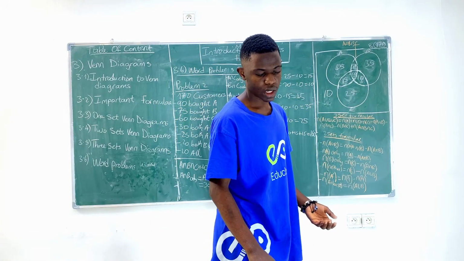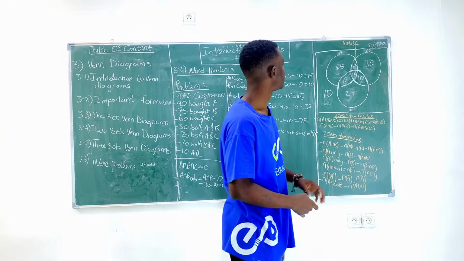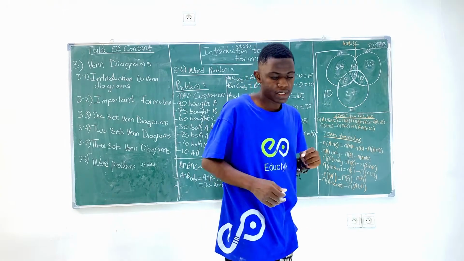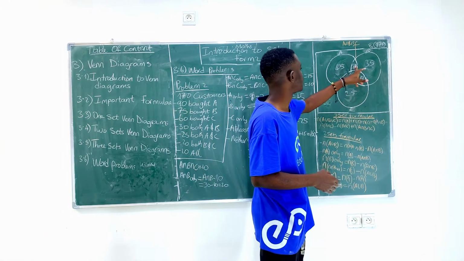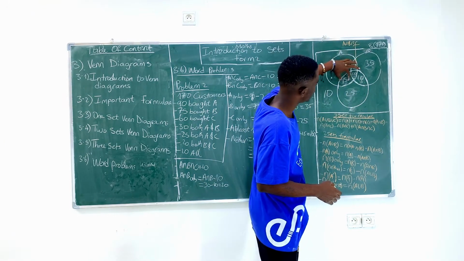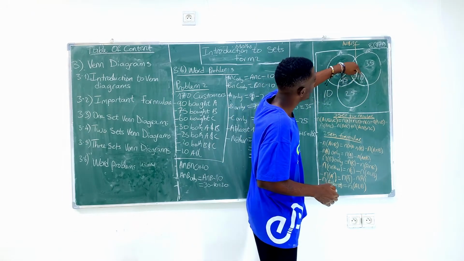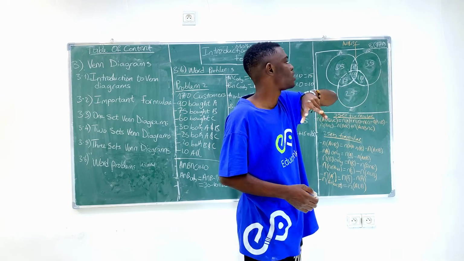So now what does the question ask you? The question says how many like only A? This is the number for only A, right? 45. The B part says how many like exactly 2 products? Exactly 2 products, you need either A and B only, A and C only, or B and C only.